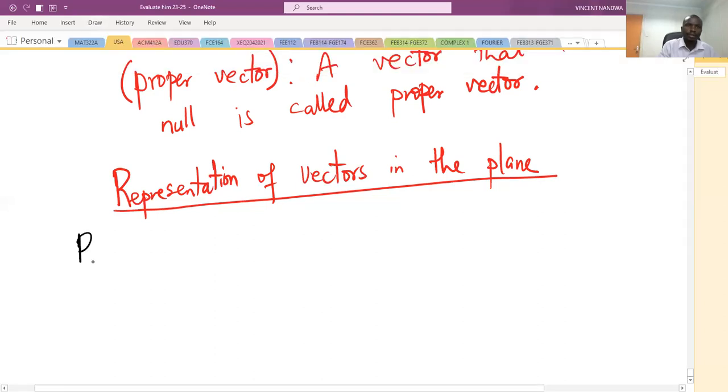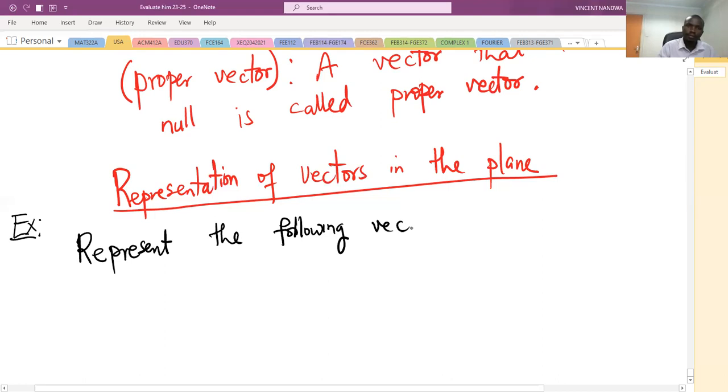So, in the form of a question: represent the following vectors as directed line segments in the plane.